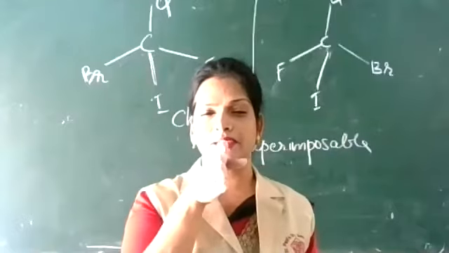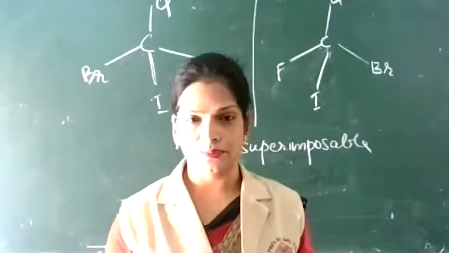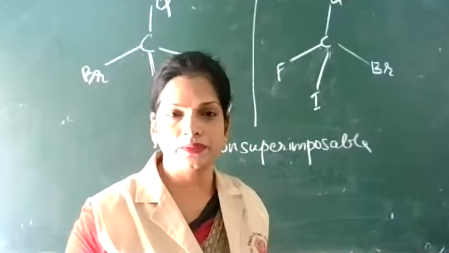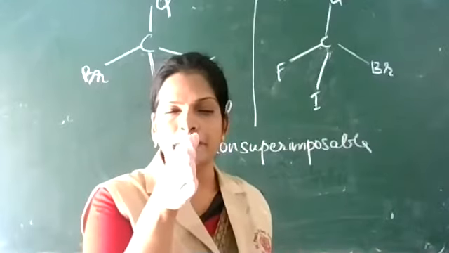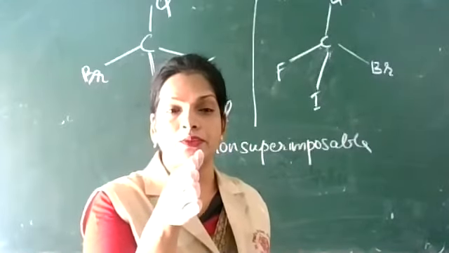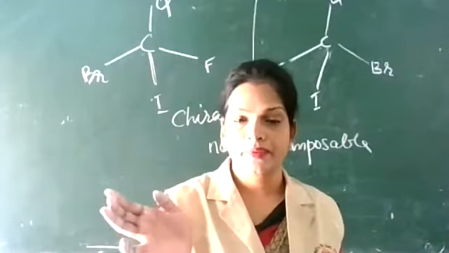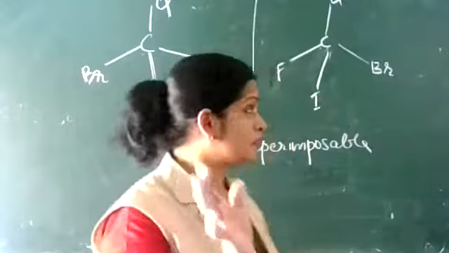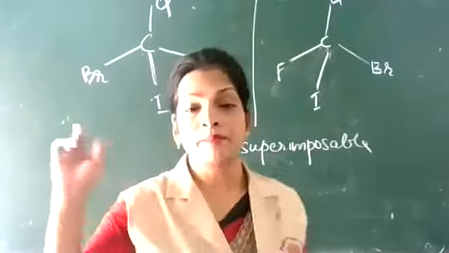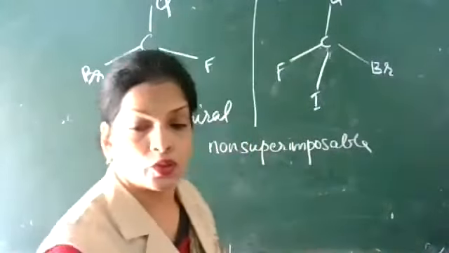You pass this light through that test tube containing that compound. If the plane of the plane polarized light is rotated in the clockwise direction, that means towards the right, then that compound is called dextro.